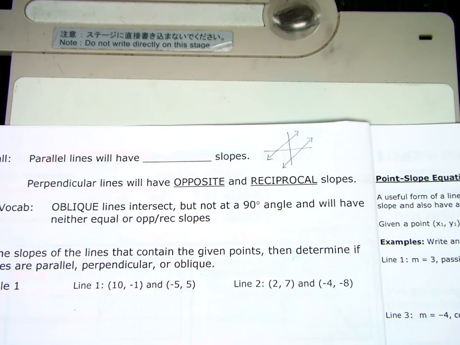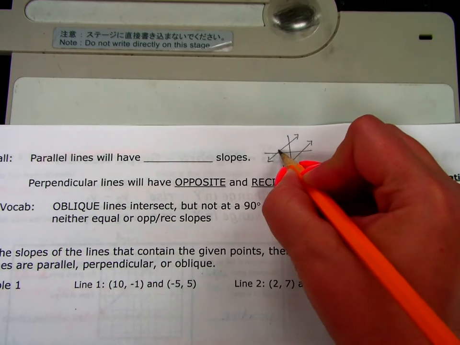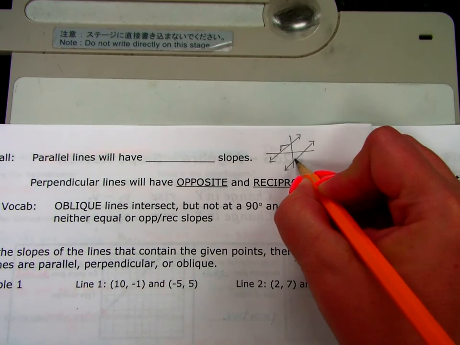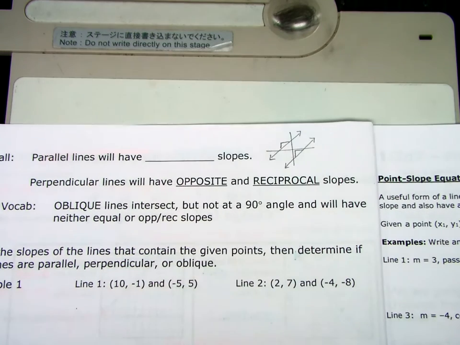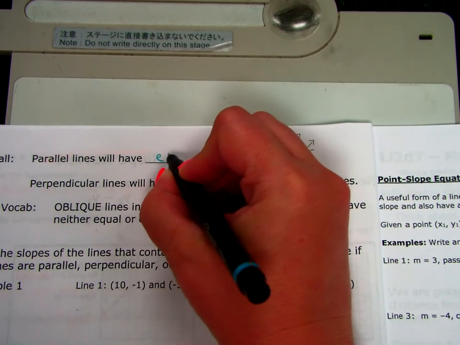What are we going to know about their slopes? They're going to be the same because they're going to have the same rise over run as each other. So they will have equal slopes or the same slopes.